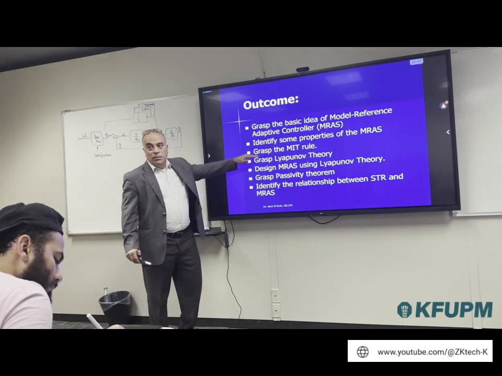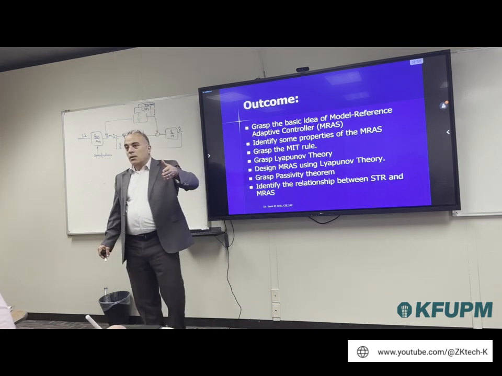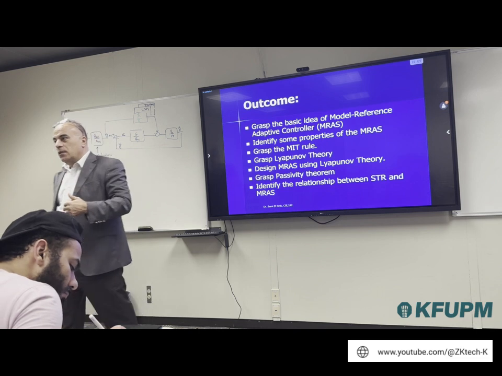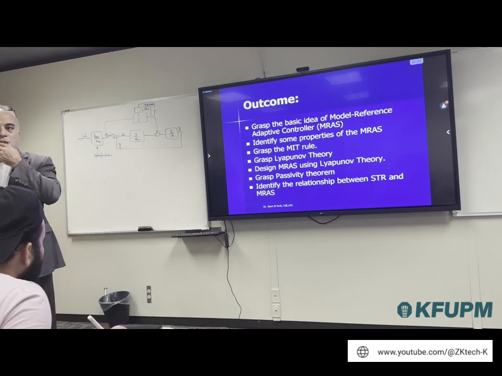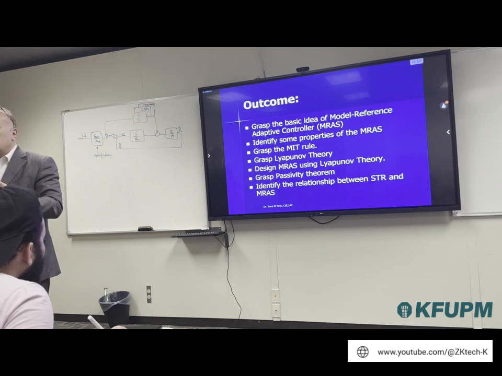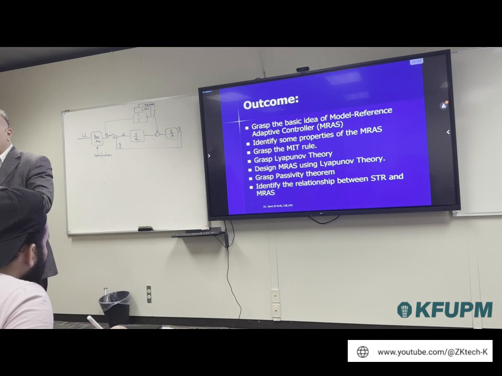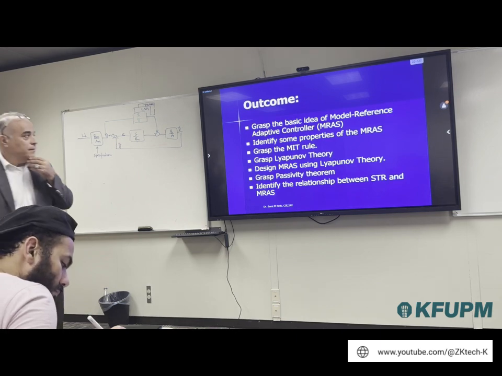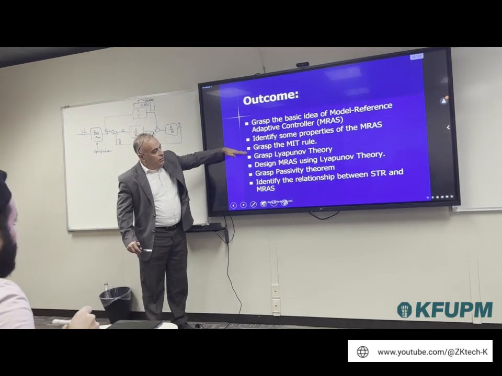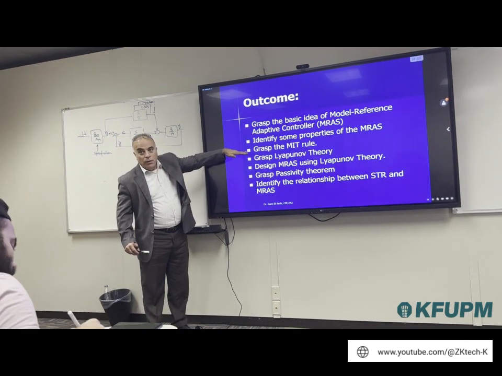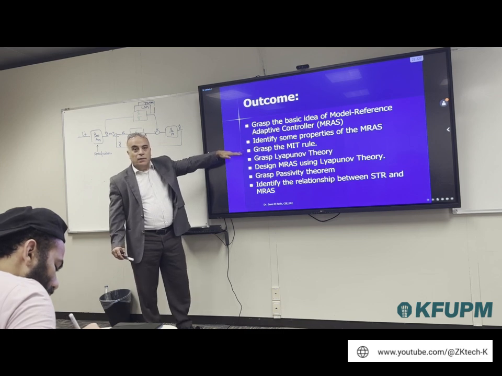In particular, what we would like to grasp in the MIT rule is not only how to apply it, but what are the weaknesses and pros of the MIT rule. What do we have in the MIT rule that is not sufficient? And what is good for us when we use the MIT rule? Up to this MIT rule that we are going to do up to this level, we are going to talk about input-output adaptive control, so an output feedback.